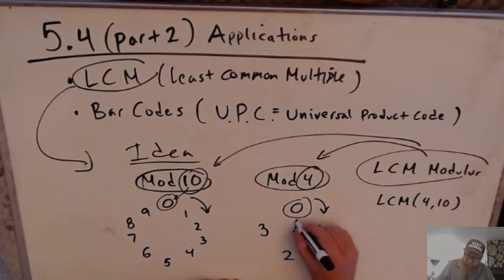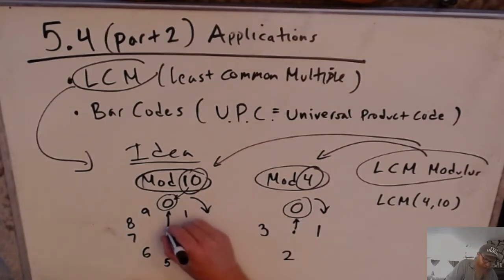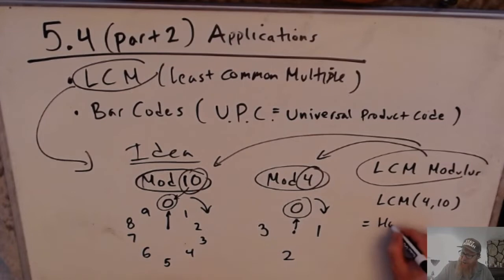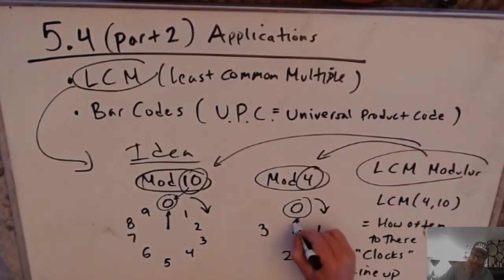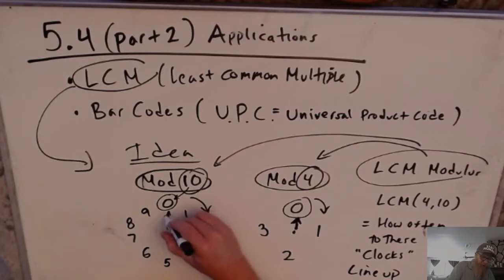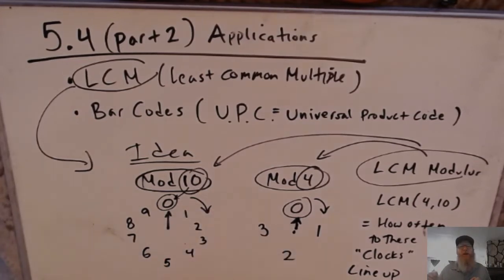So if you think of them as clocks, the LCM tells us how often do these, and I'm going to use the word clocks, they don't necessarily have to be clocks, line up with each other. In other words, how often do they both point to 0?